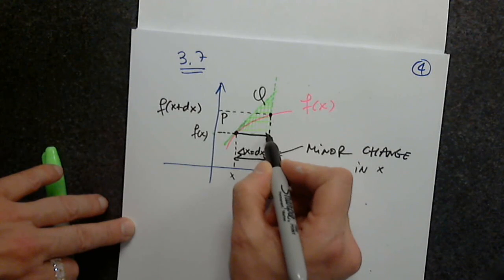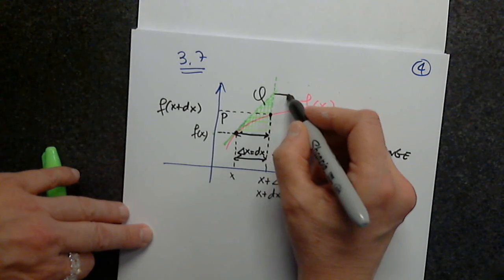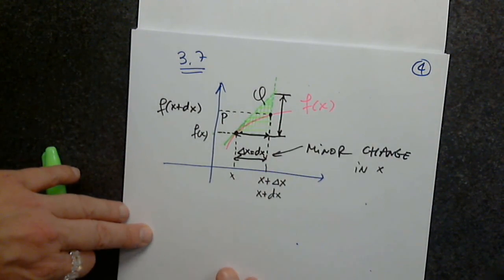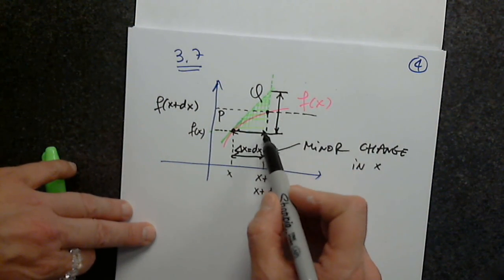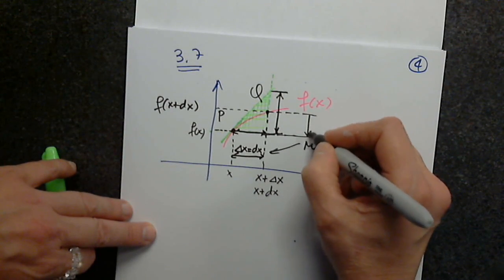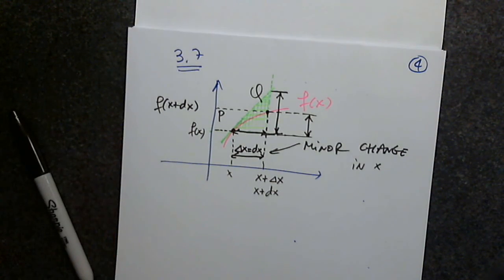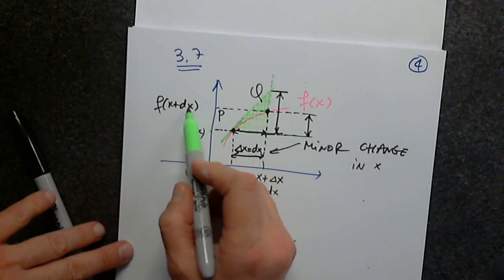Obviously, this piece is dx. This piece we're going to talk about in a minute. We don't know what this is yet. But I definitely know this. Can anyone express that piece in any way? Forget about the green triangle. I just have this point, which is Q, and this height is f of x plus dx.